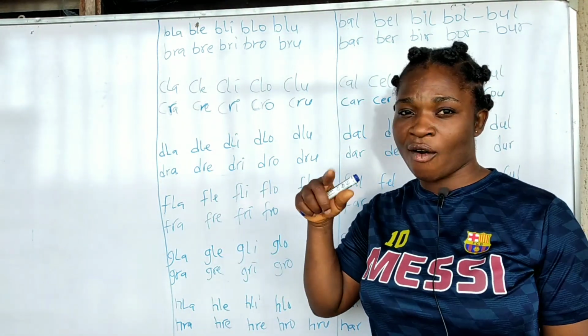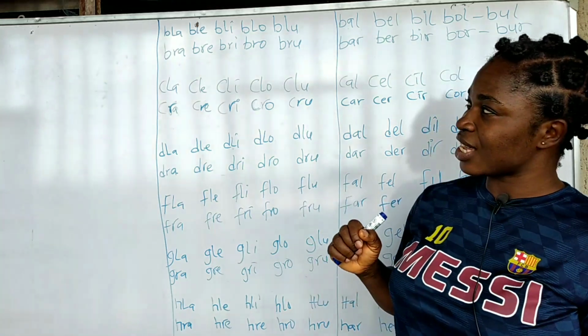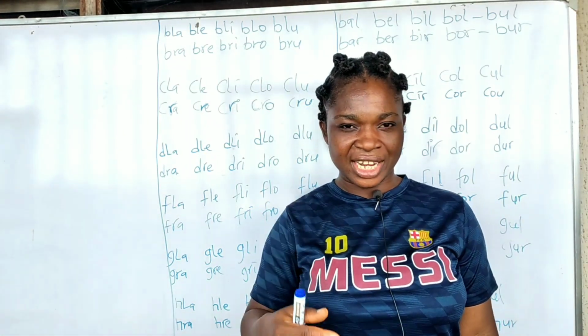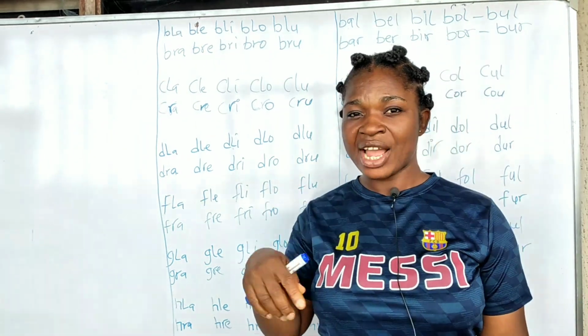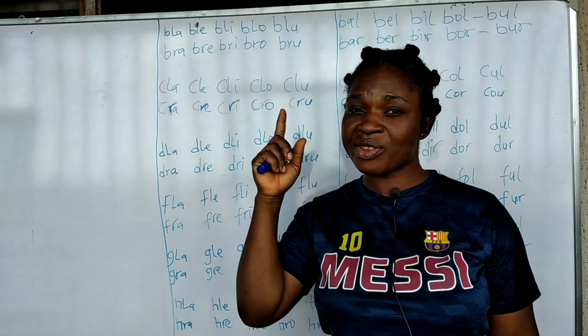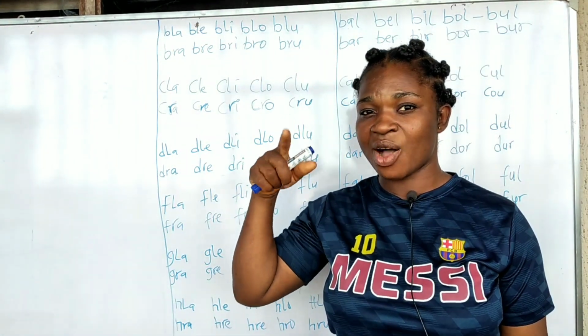But it doesn't work for all the consonants. Most of the time, the consonants that appear after a consonant are usually the L, the R, the Y, the H. We have done that in a previous video, so you need to watch the previous videos. You're going to see how we explain that.